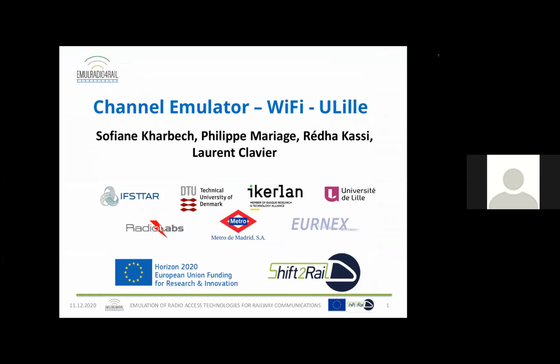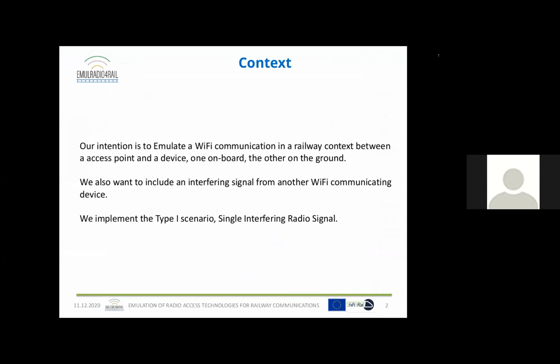Hello, everyone. It's Sofiane from University of Lille, and now I will present some of our results for Wi-Fi channel emulations within the framework of the Emulradio4Rail project. So the context is summarized as follows.